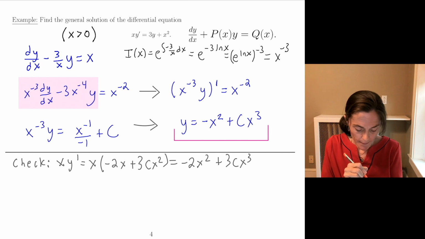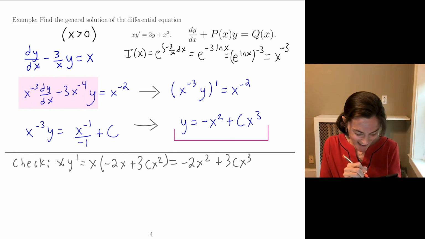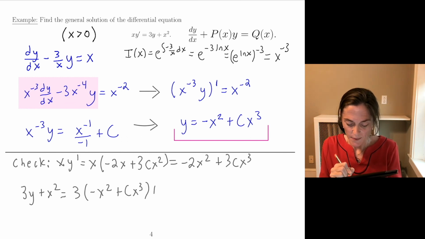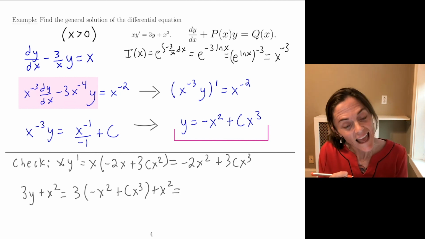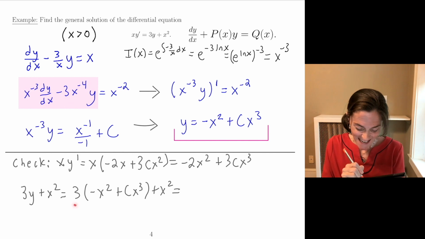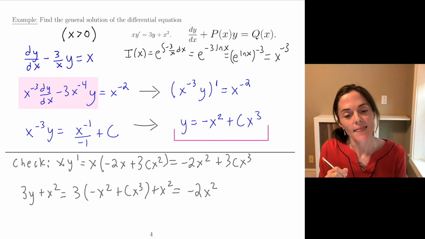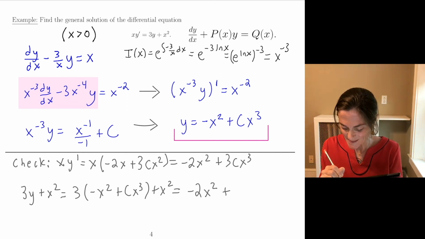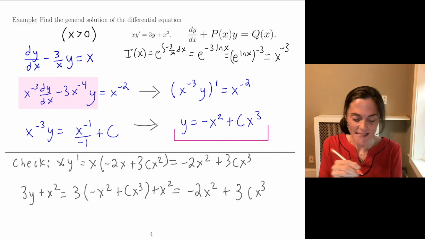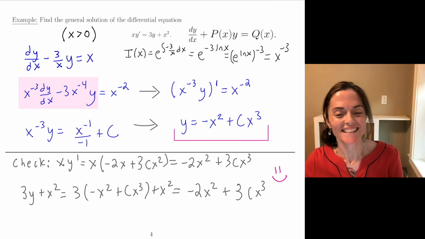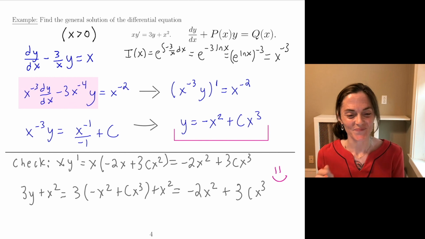The right-hand side, 3y plus x squared, equals 3 times minus x squared plus cx cubed, plus x squared. And we have minus 3x squared plus x squared, which is minus 2x squared. And then we have 3cx cubed. And you notice these are equal. So, in fact, my solution works in general.